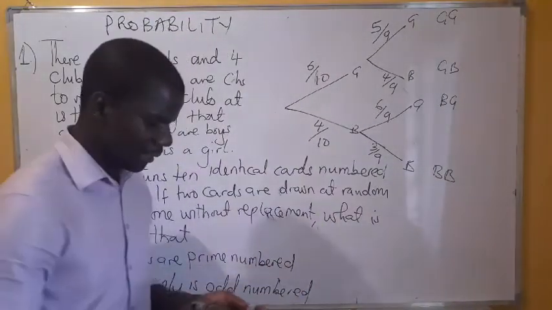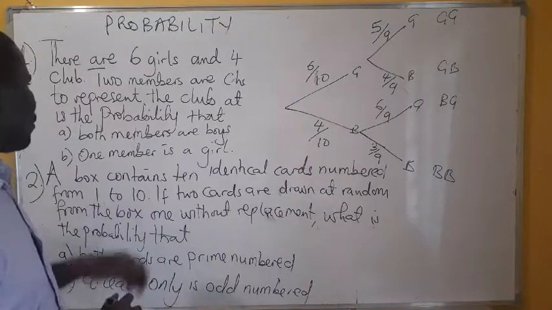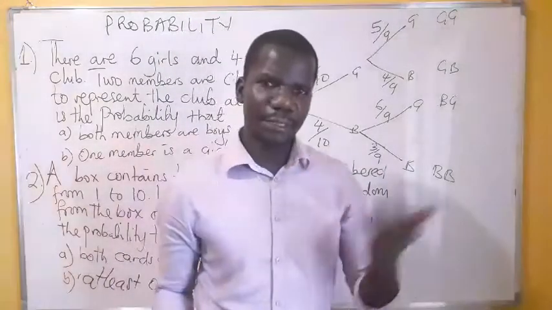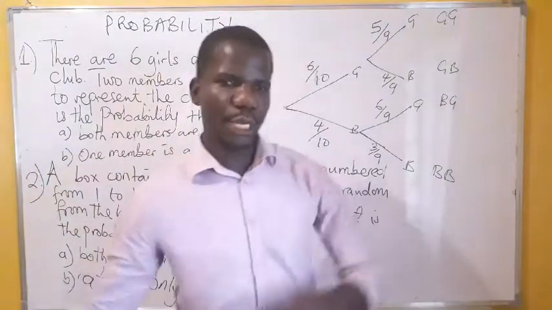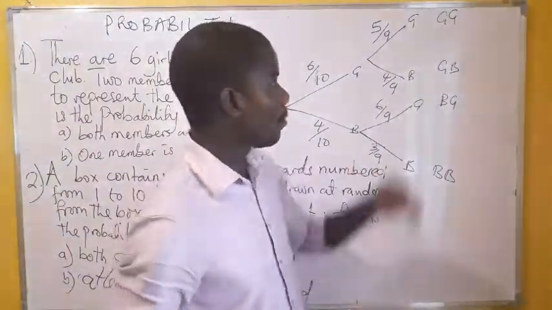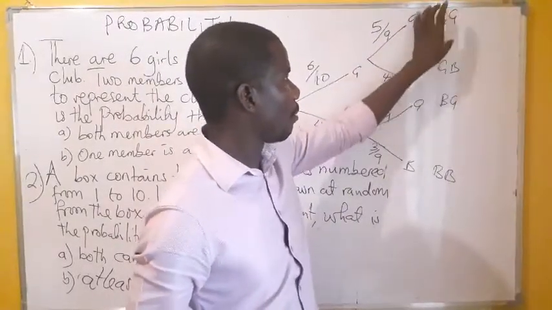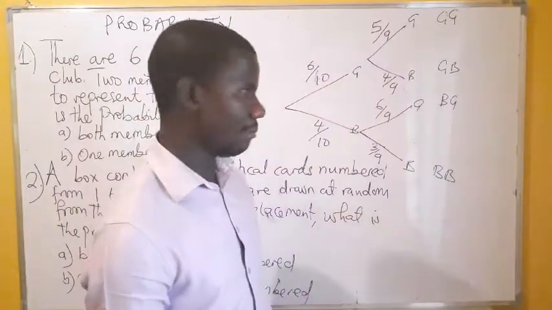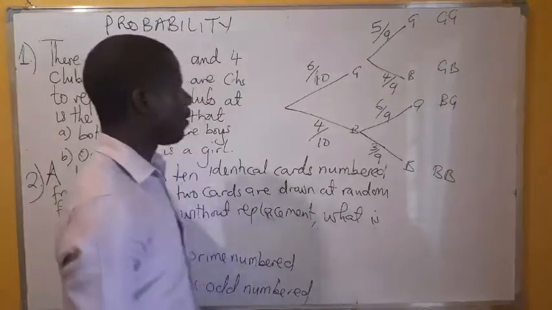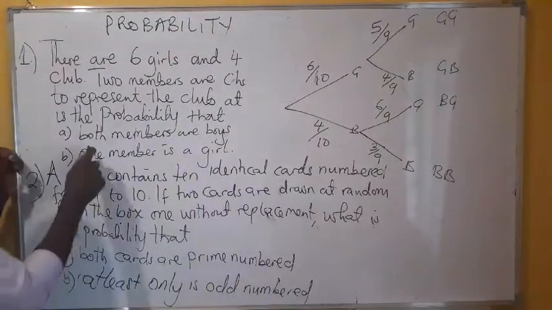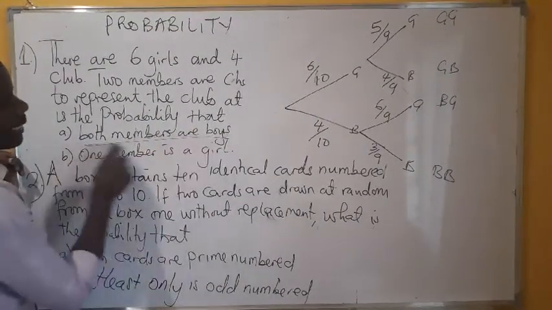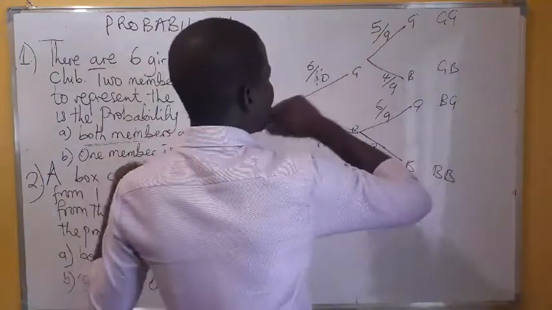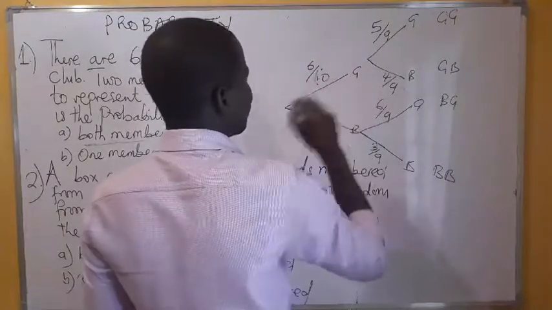So if they said, find the probability of having members of the same sex without specifying whether they are boys or girls, we are just going to add girl, girl plus boy, boy. If they said boy, boy, you just multiply this and that.